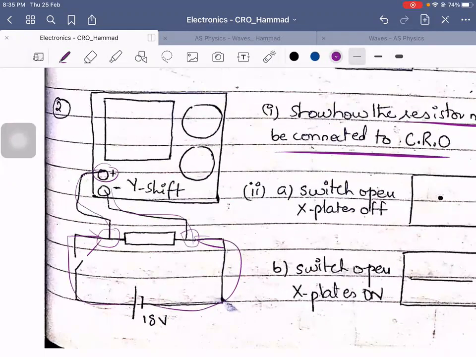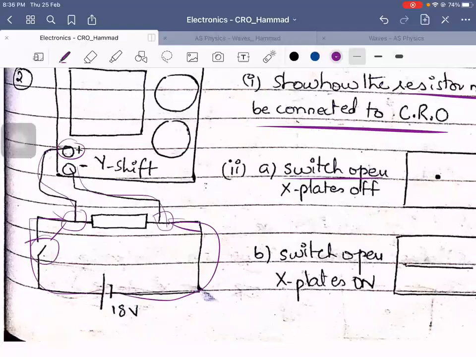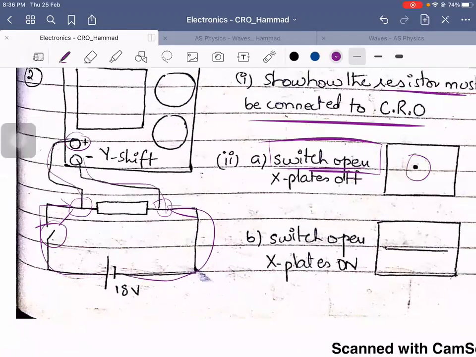Now the switch is open, as in there is no voltage value. The battery is not working. The X plates are off. When the switch is open, your Y plates are also off. So you see just a spot on the screen.